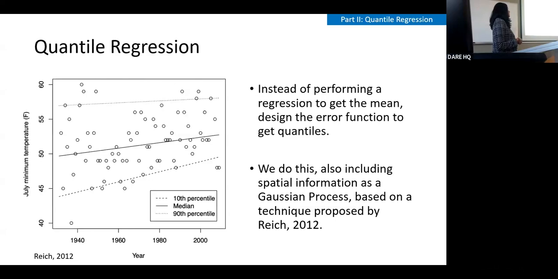What we're essentially going to do is estimate the different quantiles of the distribution rather than just things like the mean and standard deviation. This regression will give us the different lines fitted in this way. But we are also setting this up with a GP prior on the spatial information so that we preserve the smoothness of the fields.